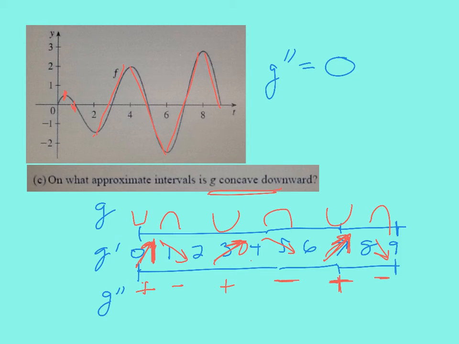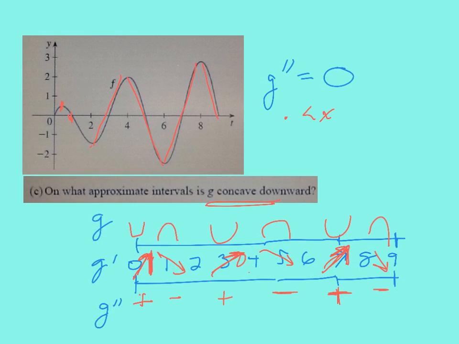We can say we're concave down here when x is greater than 0.5 and less than 2, when x is greater than 4 and less than 6, and finally when x is greater than 8 but less than 9. So there's our 3 intervals where our function is concave down.